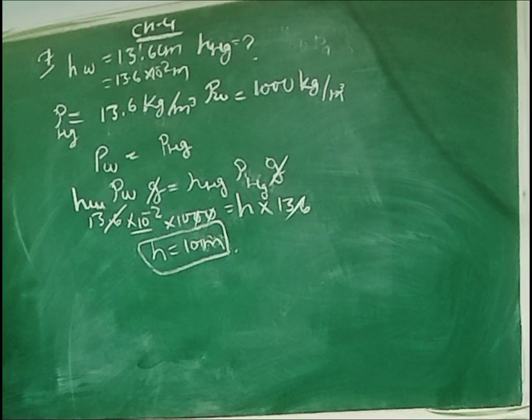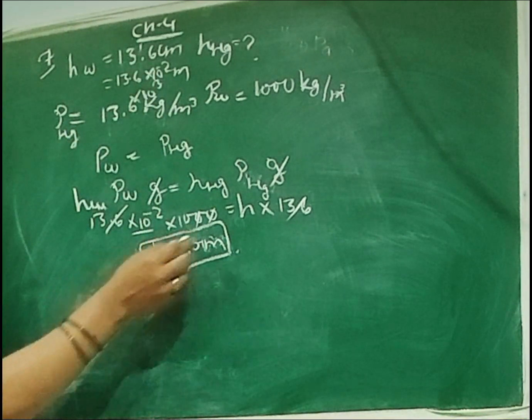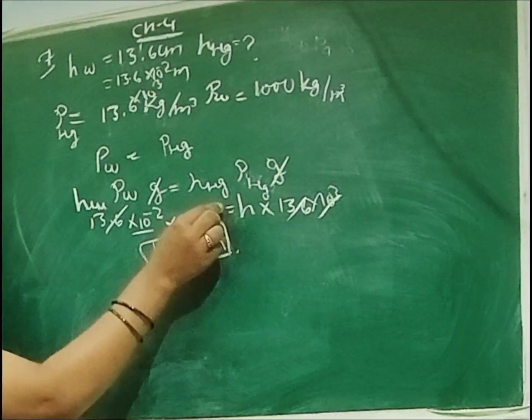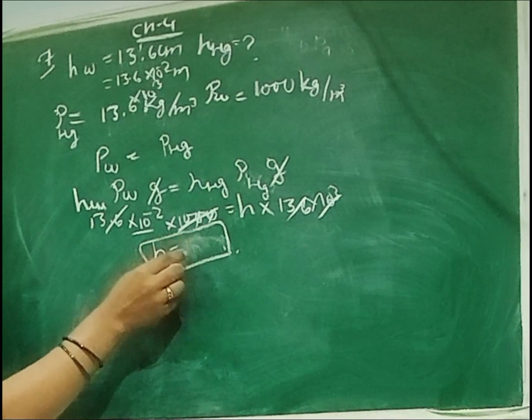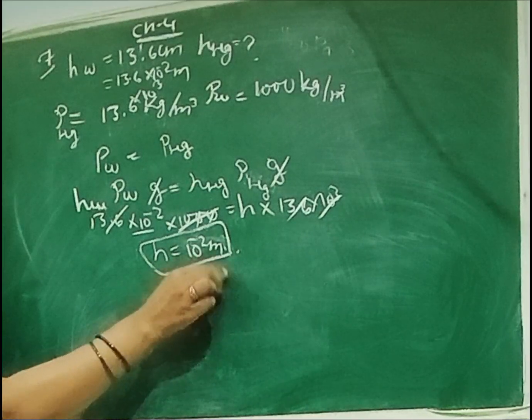एक सेकेंड। 13.6 is centimeters, so we have taken 13.6 into 10 to the power -2. ठीक है, 13.6 into 10 to the power -2 and the density of mercury is given 13.6 into 10 to the power 3. ये छूट गया था, तो ये हो जाएगा 13.6 into 10 to the power 3। तो ये दो यहाँ पे कैंसल आएगा, तो हाइट इज इक्वल टू 10 to the power -2 meter, or you can take height as 1 centimeter.